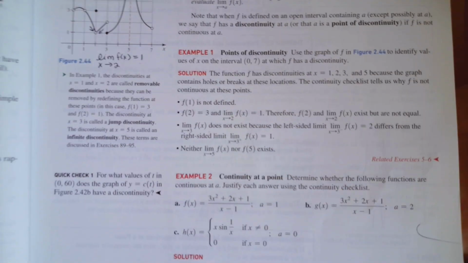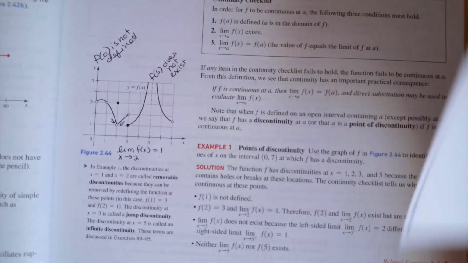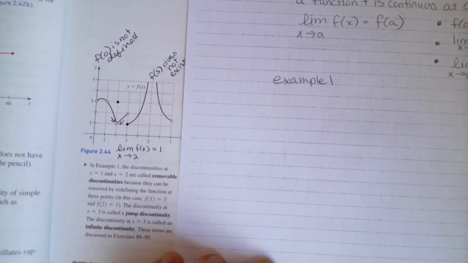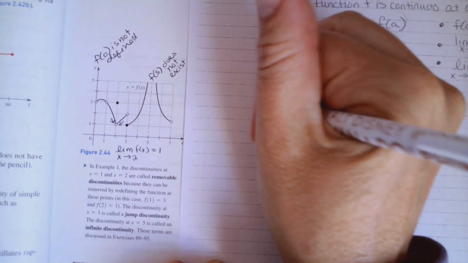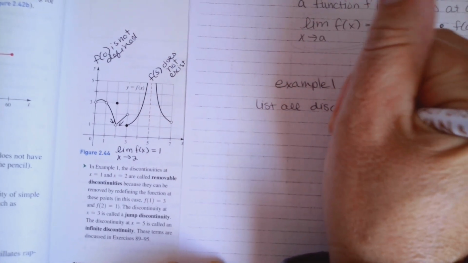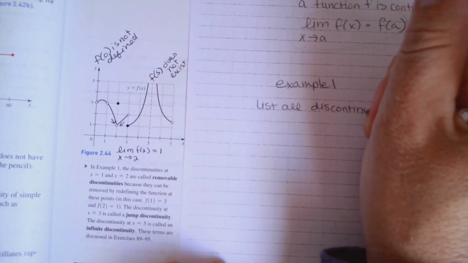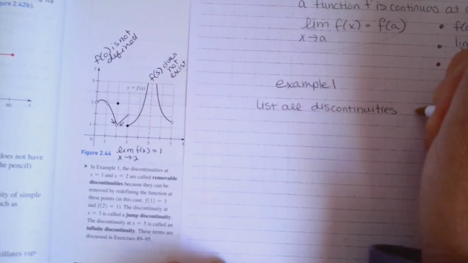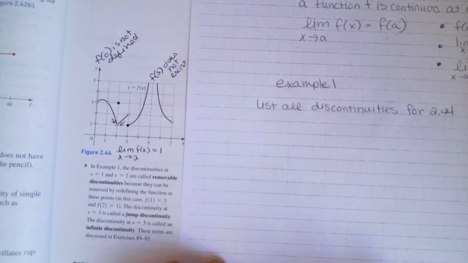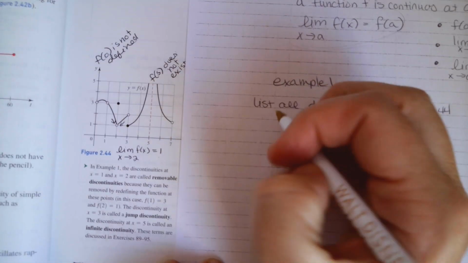And I talked a lot, but I didn't write a lot of things down. And so here we're going to go through and we're going to list all, I'm going to call them discontinuities. Okay, and I'm going to write y.